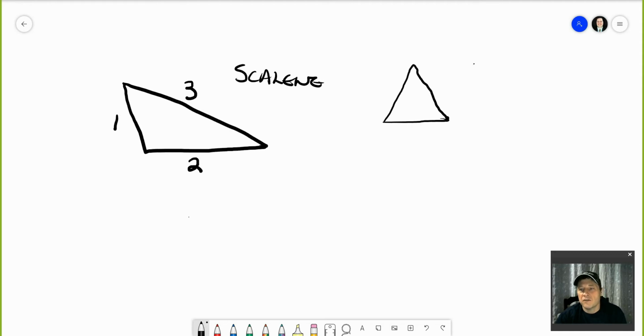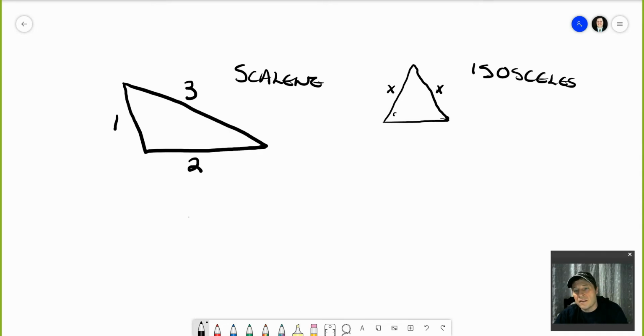Because I can't draw perfectly, forgive me, but this is the isosceles triangle. As you saw in our lesson plan for tonight, the length of this side and the length of this side are the same. So 2 sides in an isosceles triangle are the same.